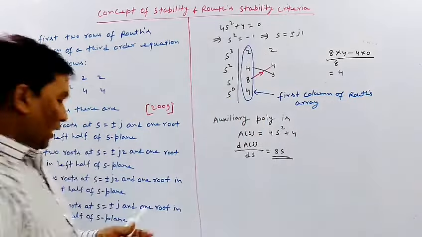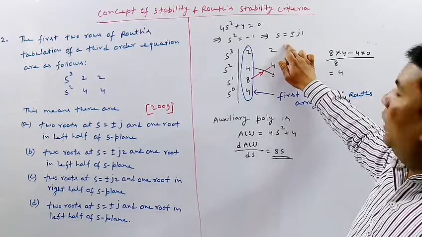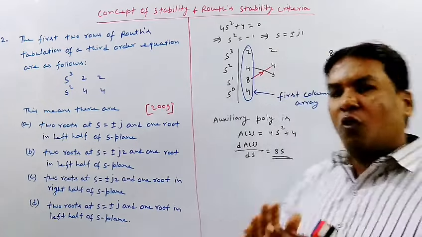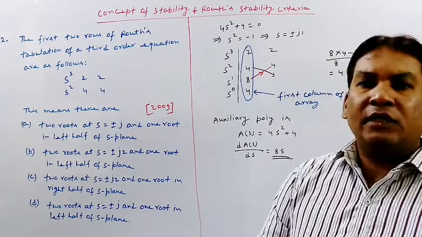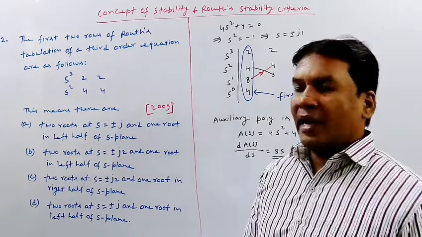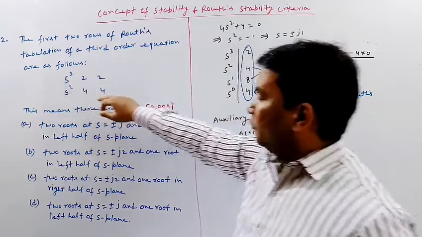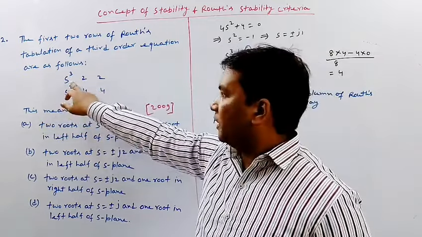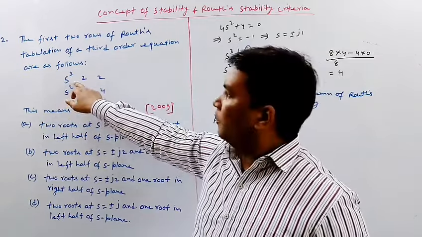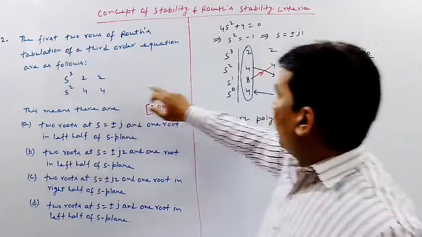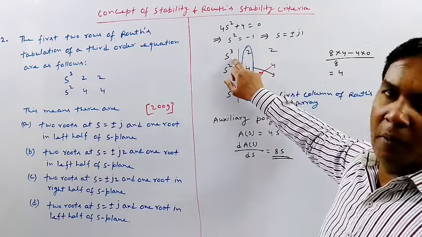So except these two symmetrically located roots, there is no root, or you can say there is no pole in right half of S plane. And also the characteristic equation is of third degree, because here the Routh's array starts with s to the power 3.